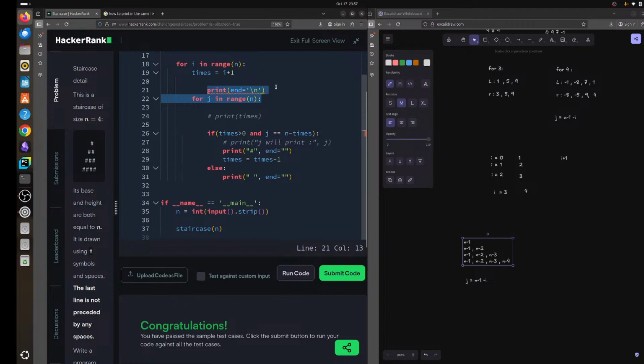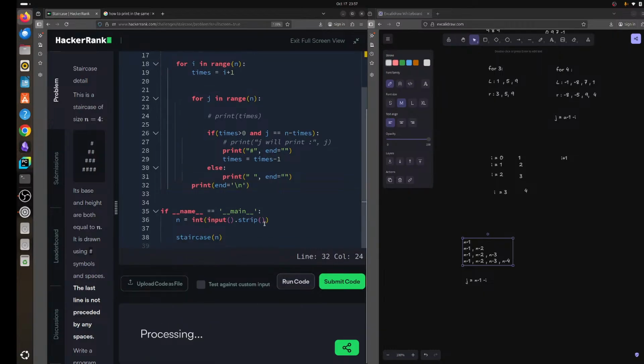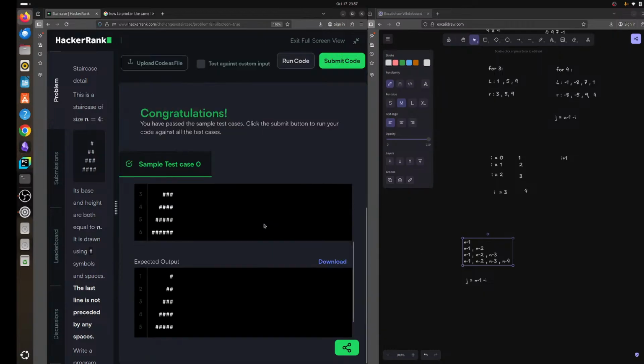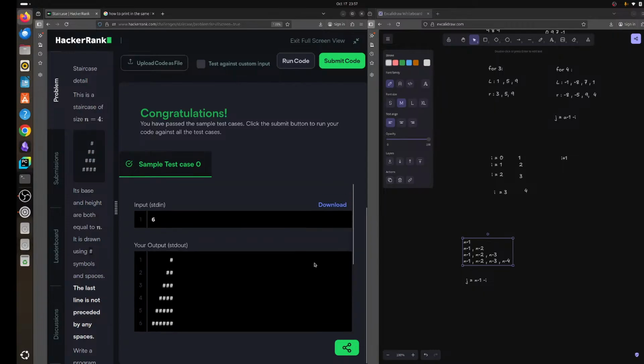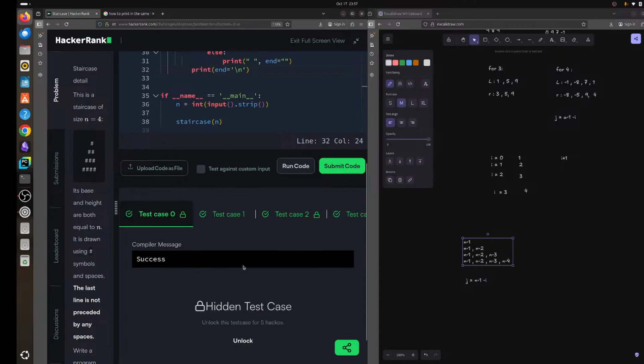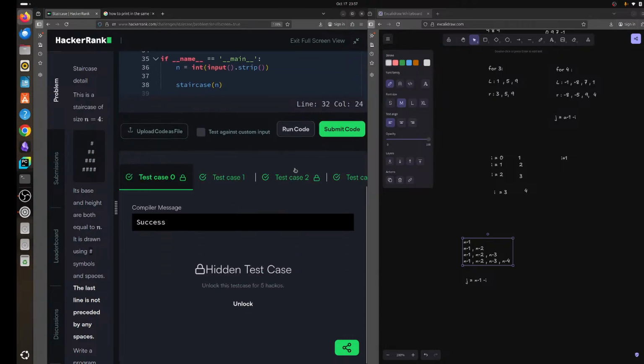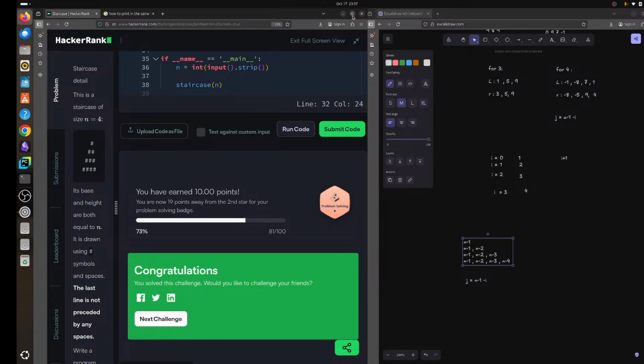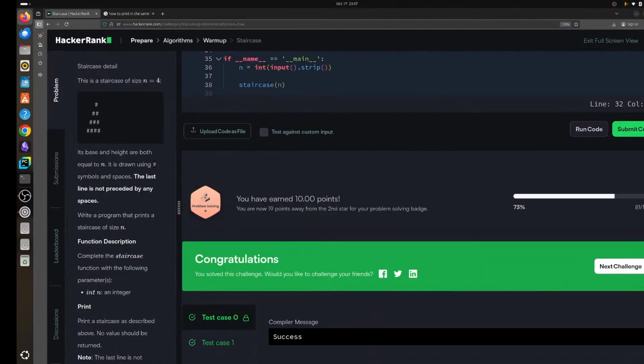So what we can do is when we come out of the loop, Control X, Control V, run code. Now submit. All test cases pass, I think. Okay, let's discuss this problem first.